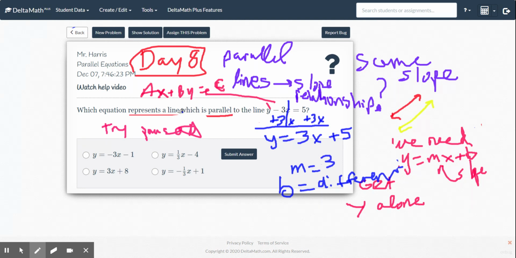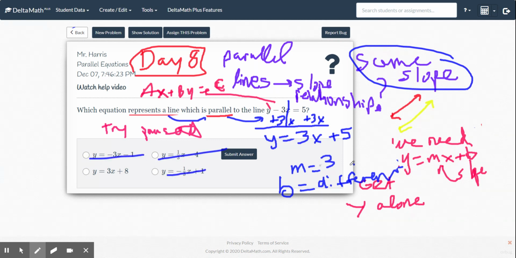And since our line needs to be parallel to this line, we know it needs to be the same slope. So if this slope's 3, our slope's 3. So that's out, and that's out. And we need to make sure we have a different b, which we do, plus 8 as compared to plus 5. So that's good. Slope's good. So we got our answer, guys.